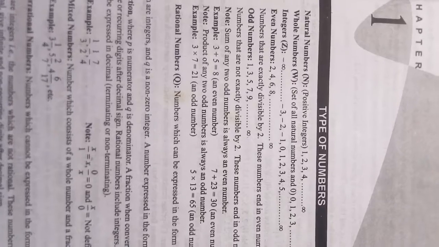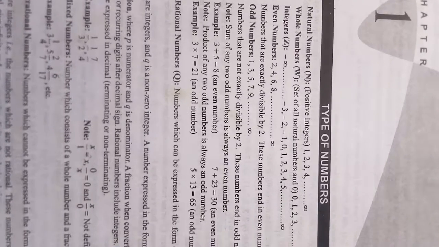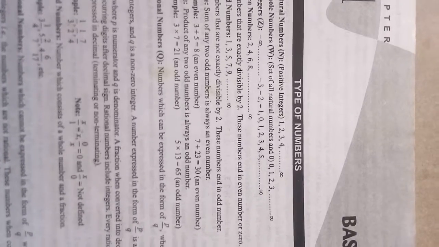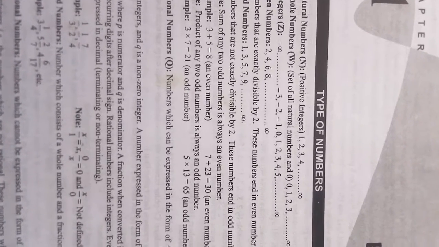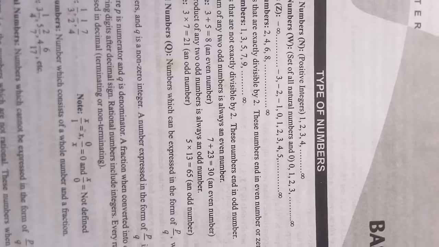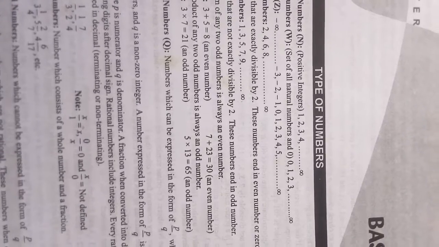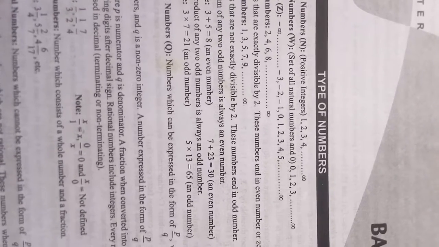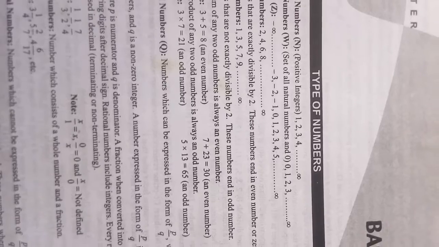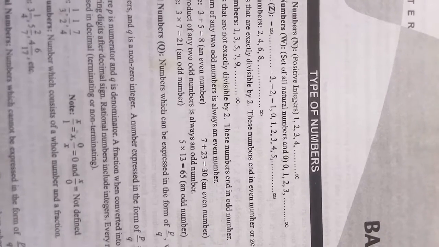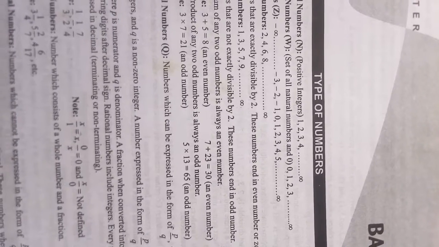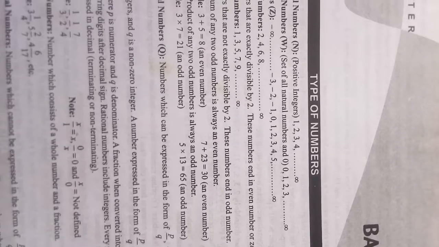Next, we are going to learn integers. Integers are represented by Z, and in integers we have two types of integers: positive integers and negative integers. What are the positive integers? The positive integers are those to the right of 0.